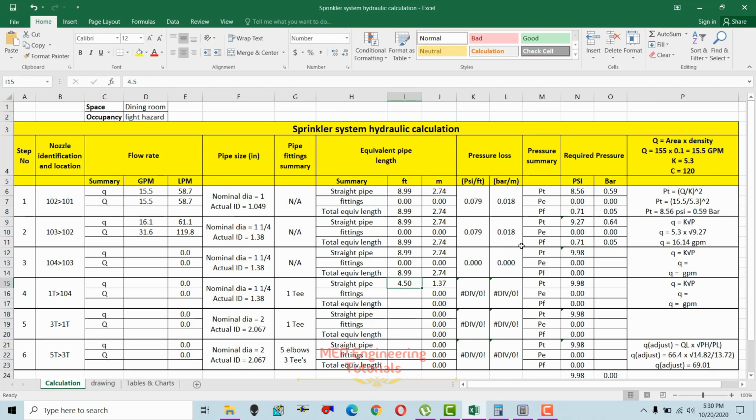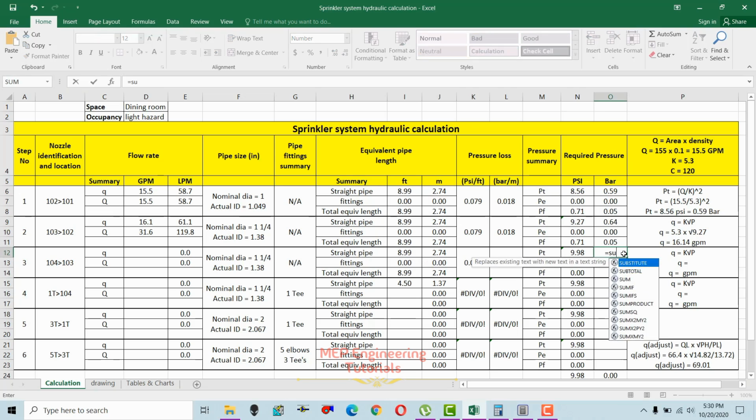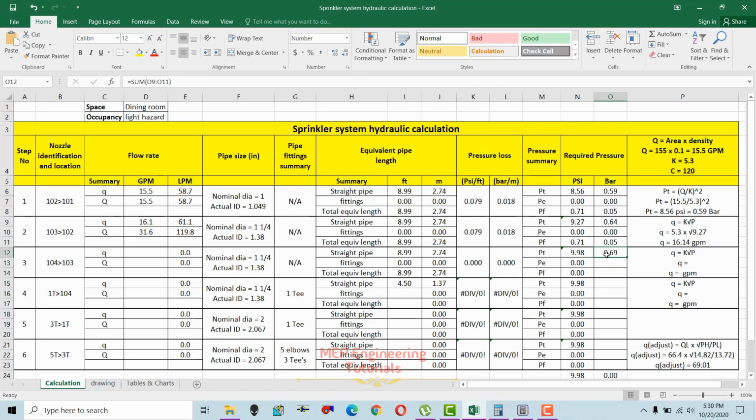Total equivalent length equal to this one plus straight pipe plus fittings, 8.99. So again we have to calculate the Q first. How you get this value is, again, the sum of these three, so we'll do it for the bar again, equal to the sum of these three. So you will get 0.69 bar total pressure in here and 9.98 psi.